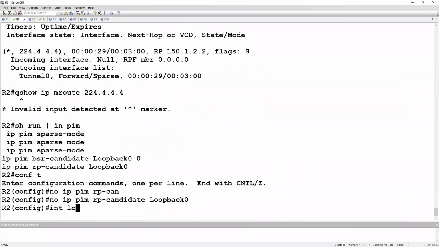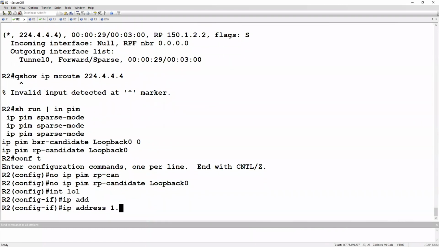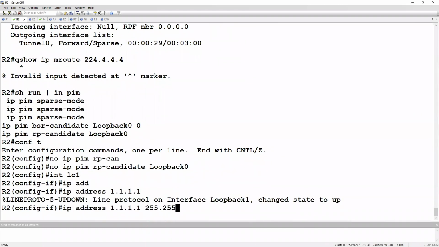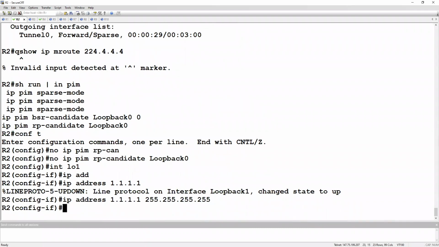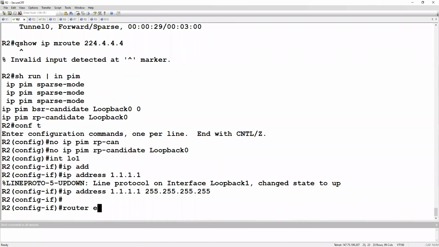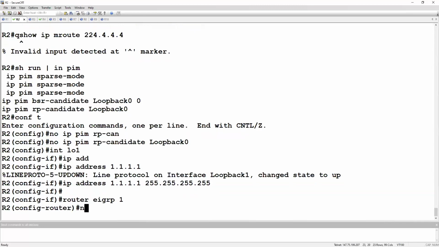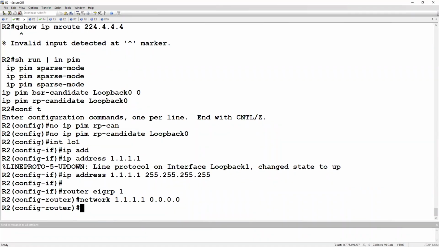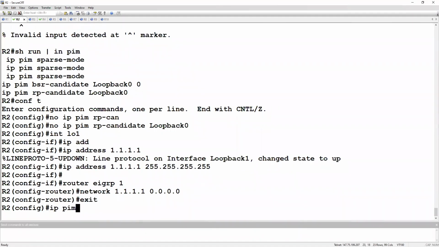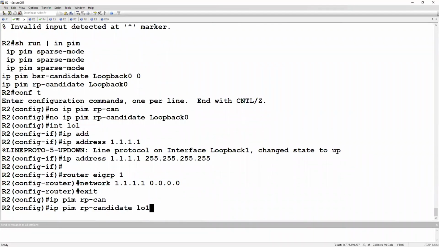And we're going to create loopback 1 with IP address 1.1.1.1, and advertise this into EIGRP, network 1.1.1.1. Okay, we'll then say ip pim rp-candidate is loopback 1.